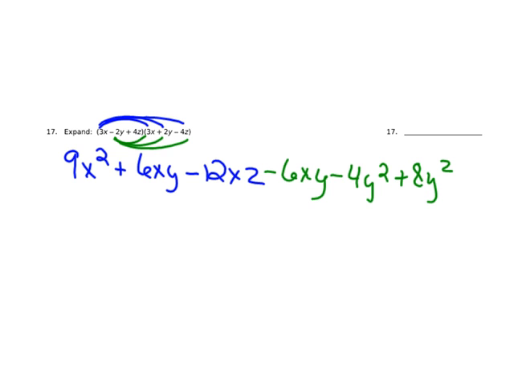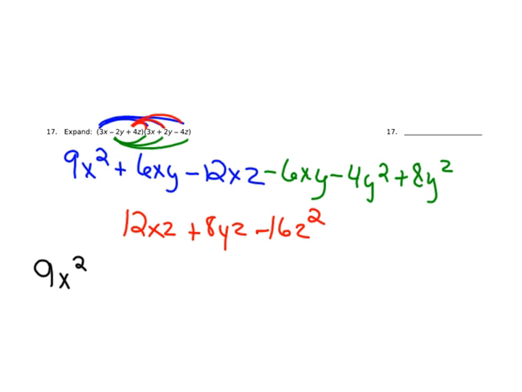Then I'm going to do this last one down here just because I'm running out of room. So 4z times 3x is 12xz and plus 8yz minus 16z squared. So now we've got to find the like terms. There aren't any other 9x squareds, so I'm going to copy it down.